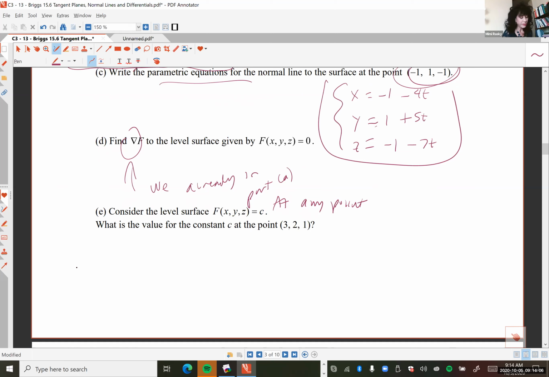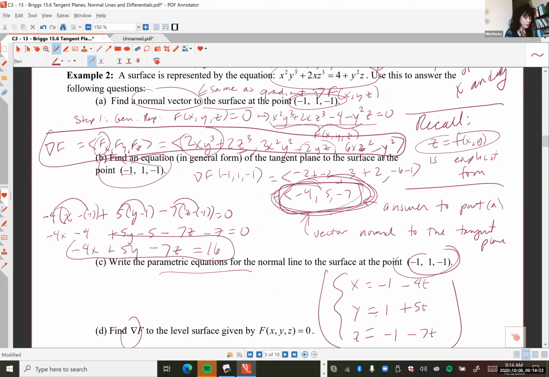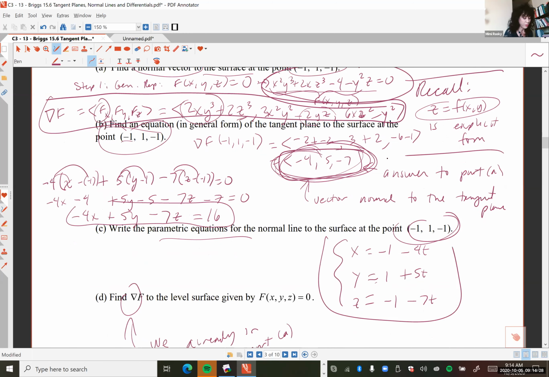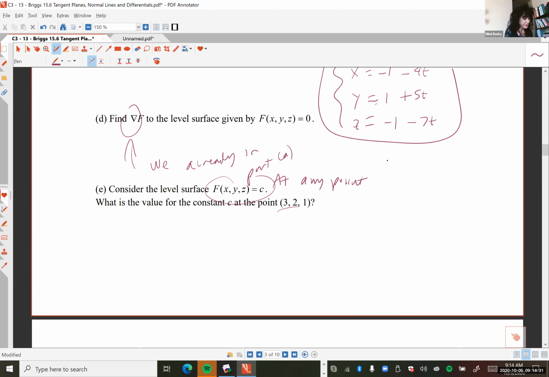Letter E, what about level surfaces? So now consider any level surface, F(x,y,z) equals c. That's some level surface. What is c for the point (3,2,1)? Well, you already know what your surface looks like. So you're just going to substitute (3,2,1) into this function right here. In place of x's, you'll put a 3. In place of y's, you'll put a 2. In place of z's, you'll put a 1.